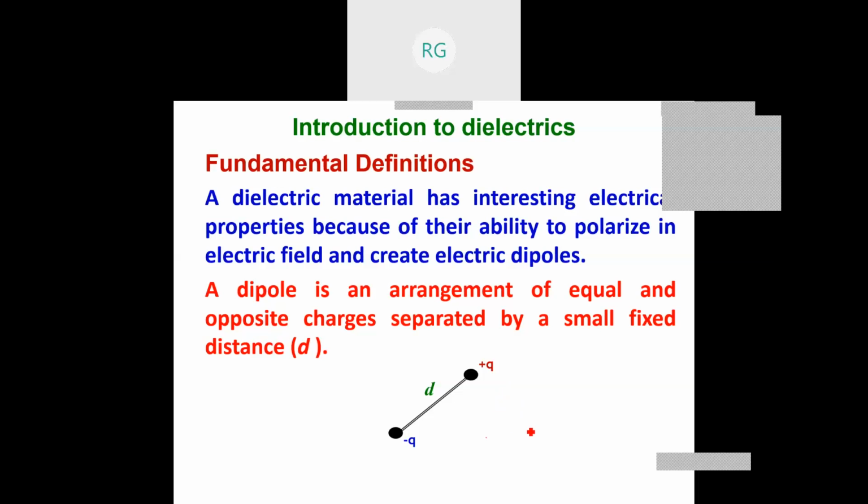The product of the charge and the distance between them we call the dipole moment. And this dipole moment present in the dielectric material is most important to segregate them as polar and non-polar dielectric materials.